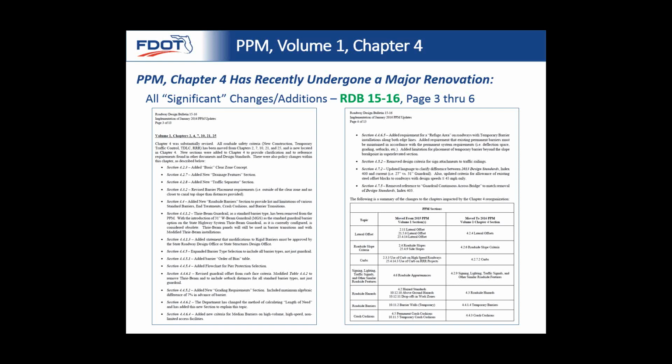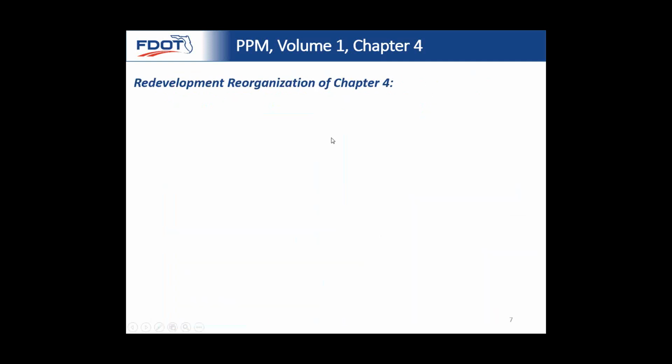So if you ever get in there and are curious where something moved to or where it came from, this is a good resource for evaluating that and trying to help you put the pieces together if you need to.